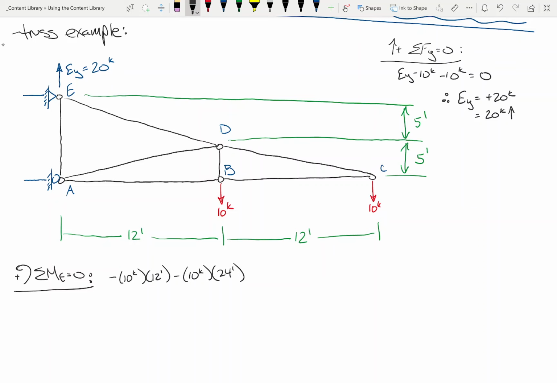So in order to produce counterclockwise rotation, I propose AX needs to go like that, right? It needs to go to the right.